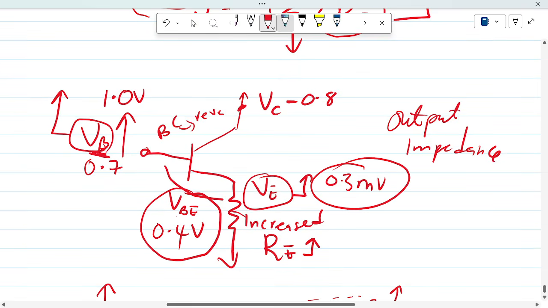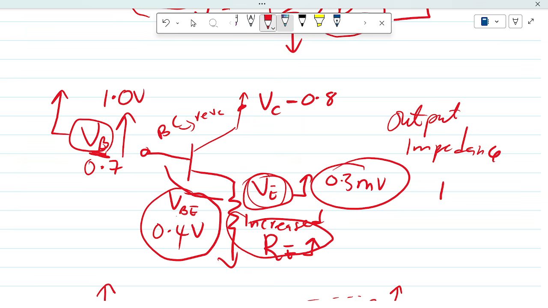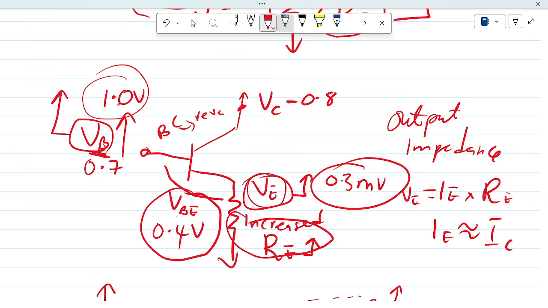Now I further increase the emitter degeneration resistance, and the scenario here comes into play. When RE's value increases, VE, the voltage at the emitter, will rise because it's just the current IE passing through RE that raises the voltage VE. You can just assume IE and IC are approximately the same. Then we have to raise the base voltage as already explained.